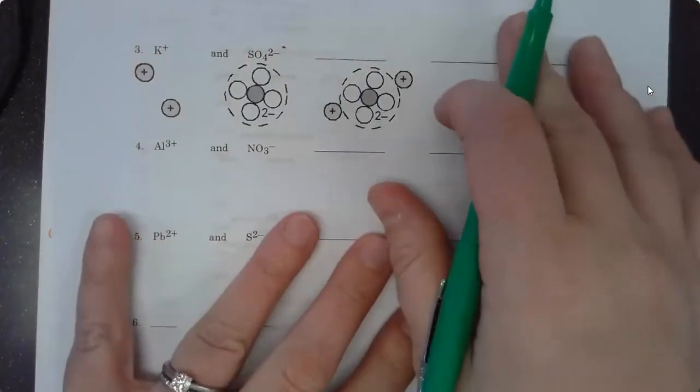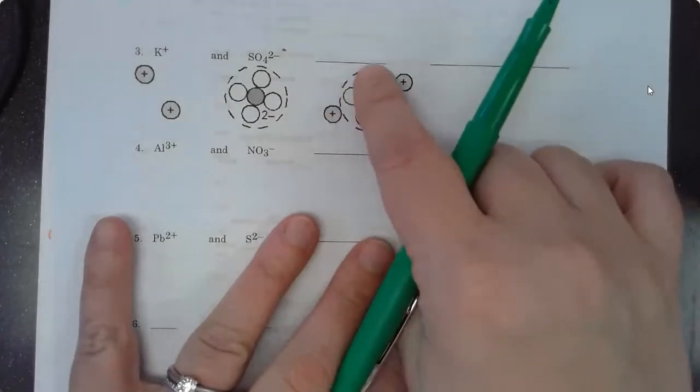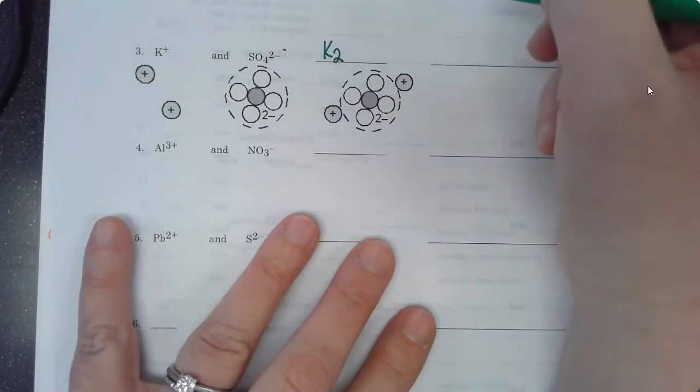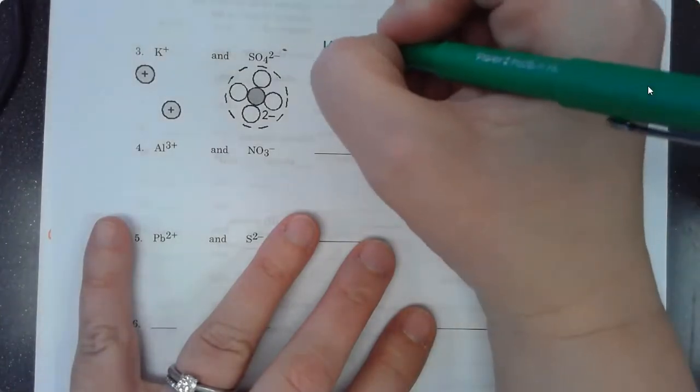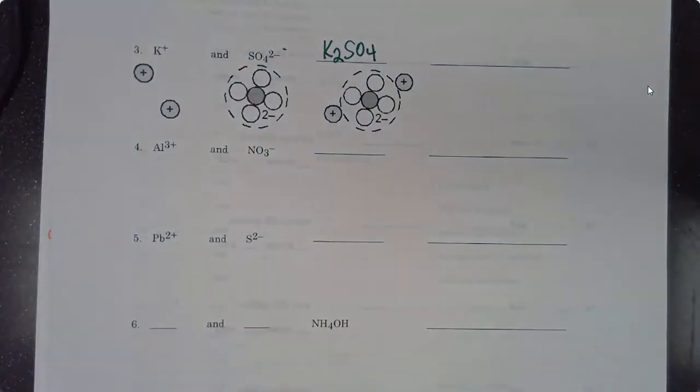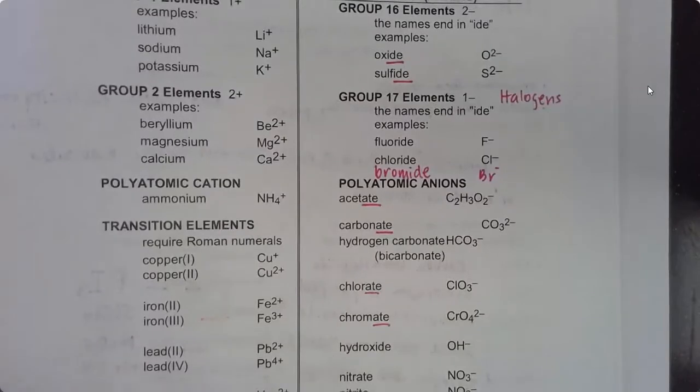And to do this, we're going to write out the formula unit, which is going to be 2 potassiums and 1 of this other thing, which is that. And the way that you can know what it is, I'm just pulling out my other packet, but you guys have a polyatomic ion sheet.